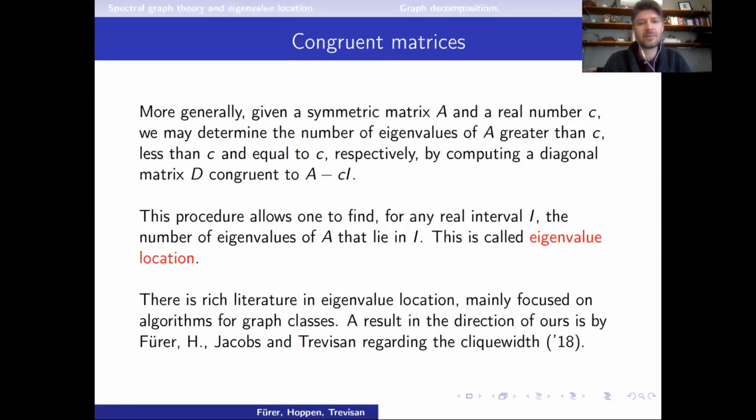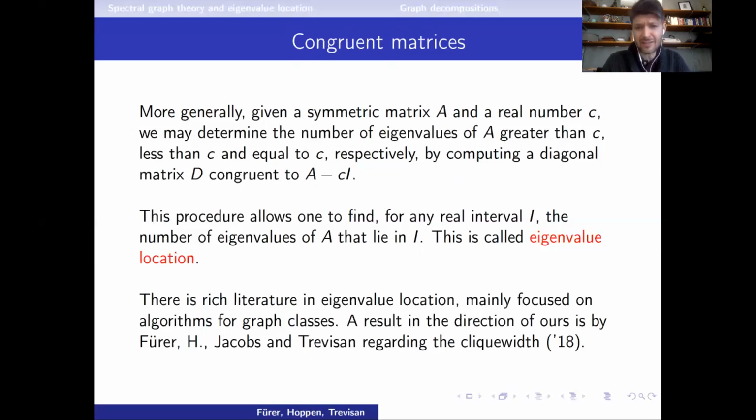We can run this procedure twice for two values of C, being the endpoints of an interval. This allows one to find, for any real interval I, the number of eigenvalues that lie in I. This is called eigenvalue location.